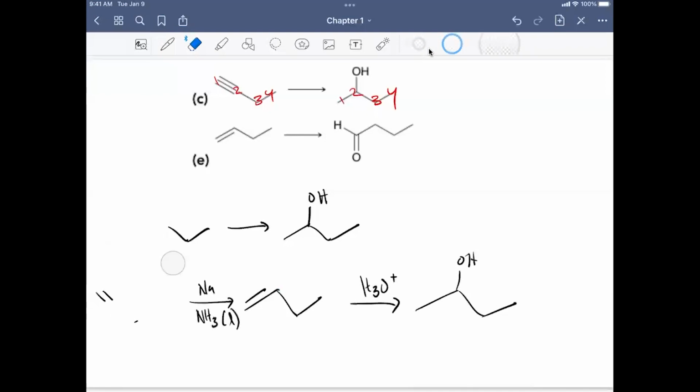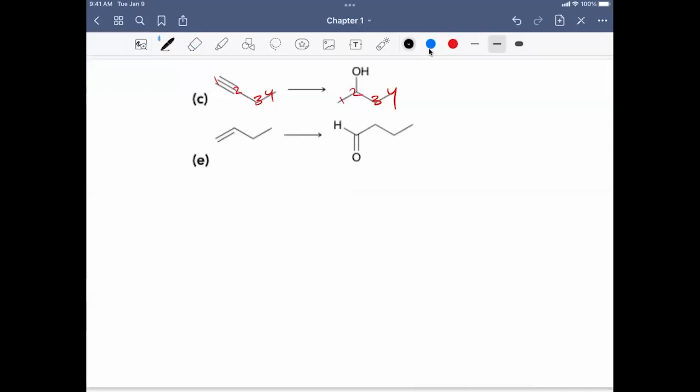Okay. All right, now we have E, which is going from a double bond into an aldehyde. Let's count our carbons. We have 1, 2, 3, 4 in our starting material, and we have 1, 2, 3, 4 in our product.